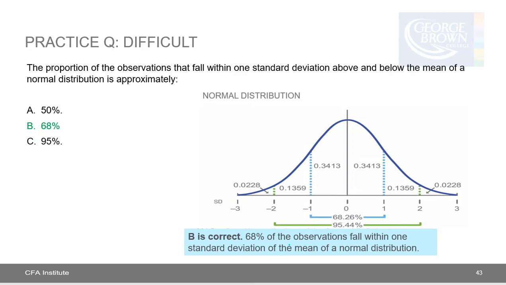B is correct. 68% of the observations fall within 1 standard deviation of the mean of a normal distribution. So we're looking under the bell curve, this area here, 1 standard deviation to the left, 1 standard deviation to the right, we're capturing about 68%. 95% fall within 2 standard deviations.